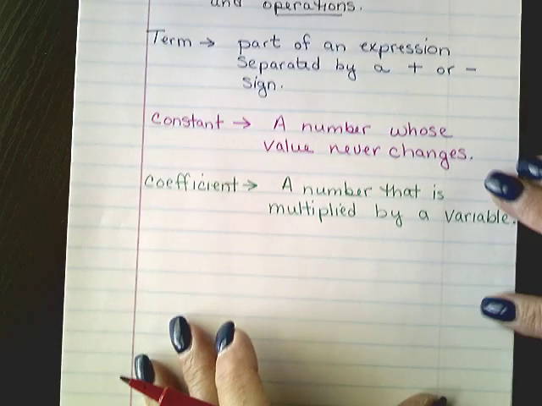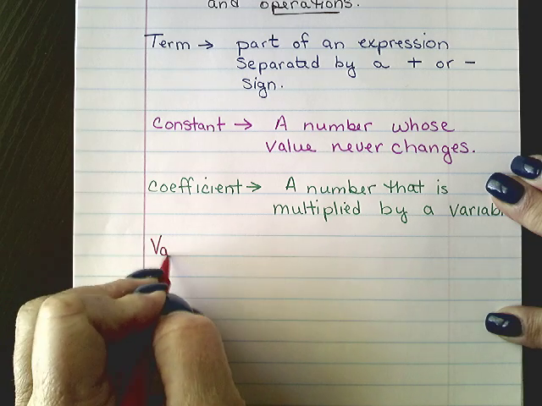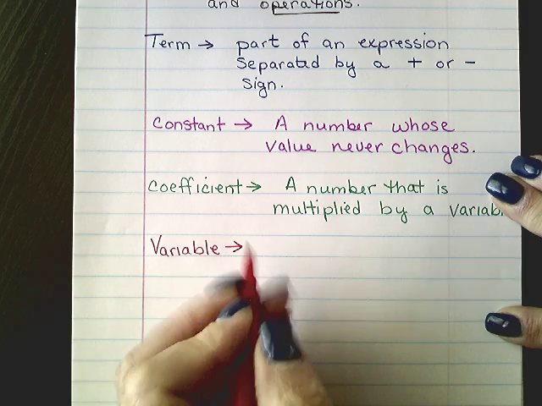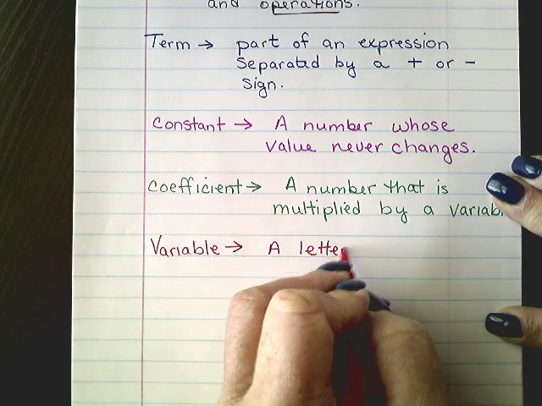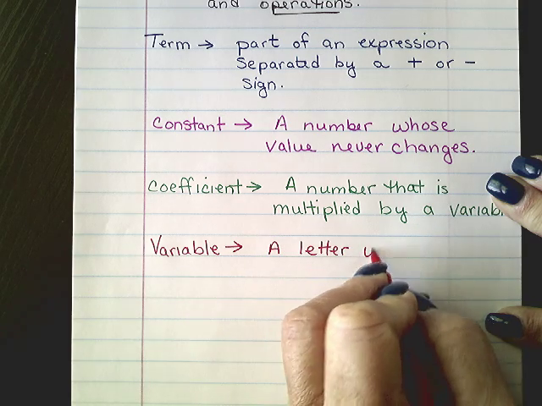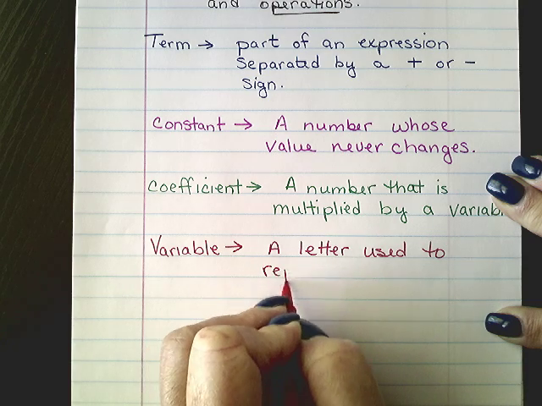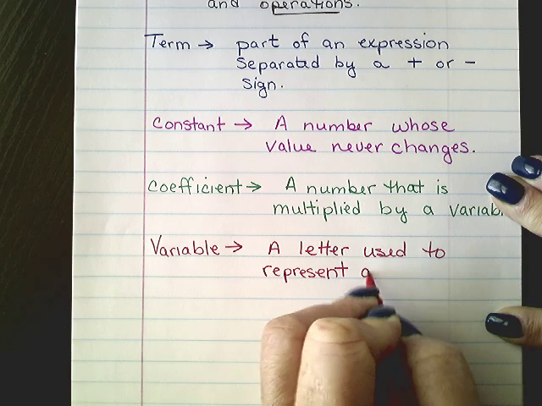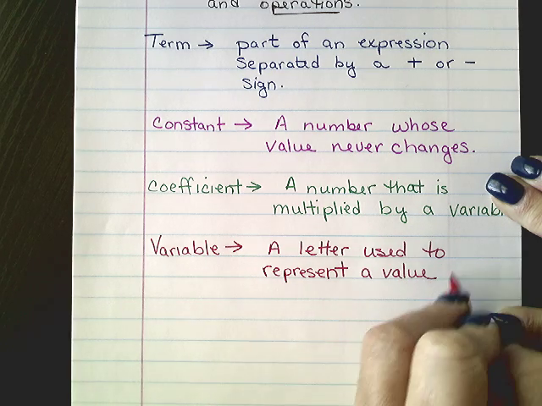And the last thing we're going to talk about before we do our examples is a variable. And this is a letter used to represent a value in an expression.